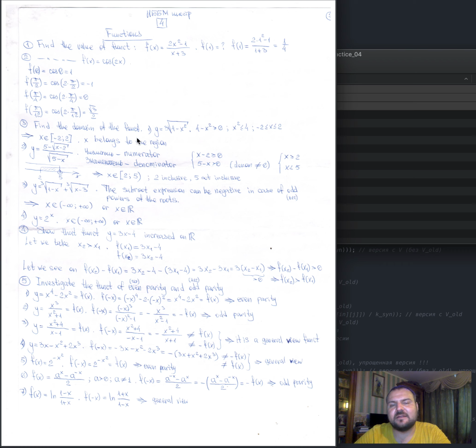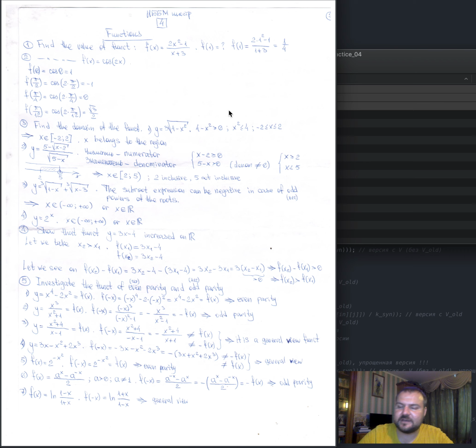The example number 3. Find the domain of the function. Domain is the region of values which the x value can take. So, for example, y equals 3 multiplied by the square root of 4 minus x squared.